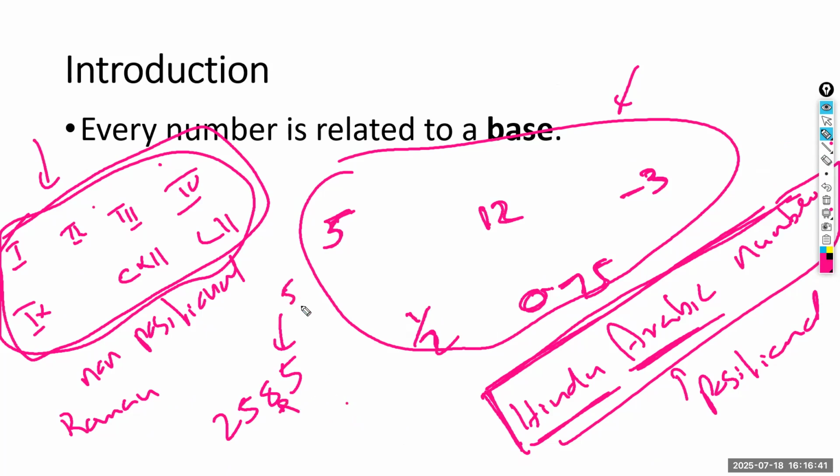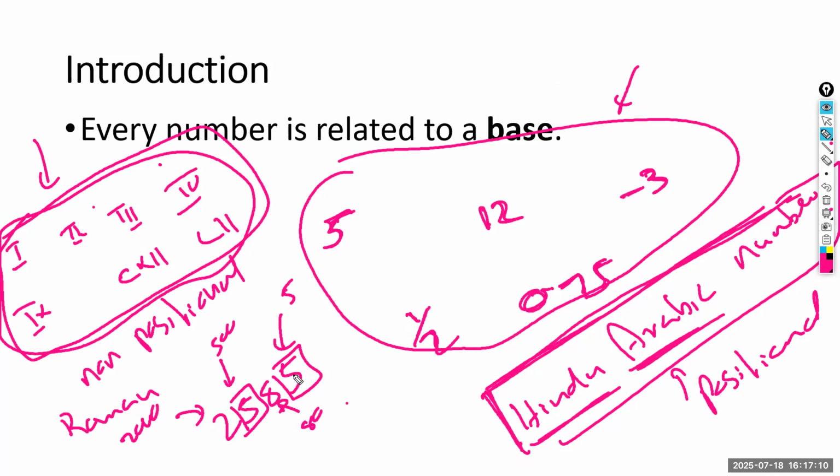This is 5, whereas this is 80. And this is not 5, this is 500. This is not 2, this is 2000. You can see that depending on the position, the same symbol has a different meaning. But here this is 1, here also 1. But here, depending on the position, it has a different meaning.